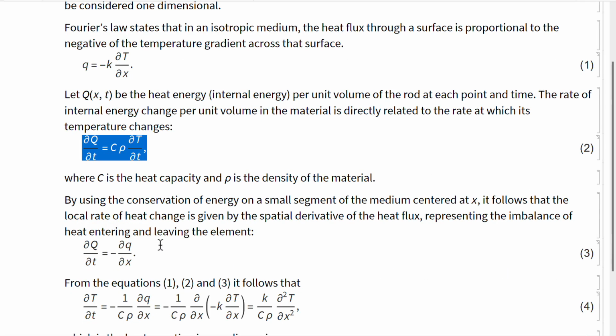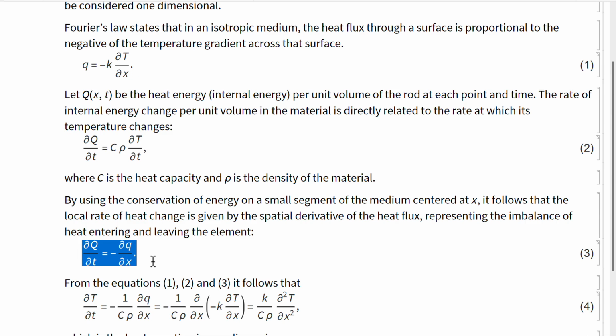By using the conservation of energy on a small segment of the medium centered at x, it follows that the local rate of heat change is given by the spatial derivative of the heat flux, representing the imbalance of heat entering and leaving the element. So we can write dQ over dt equal to minus dq over dx.